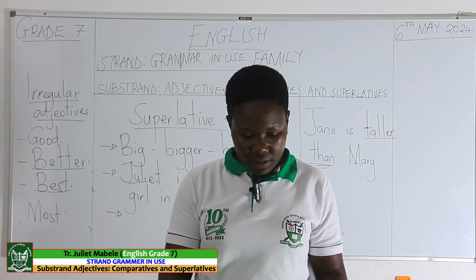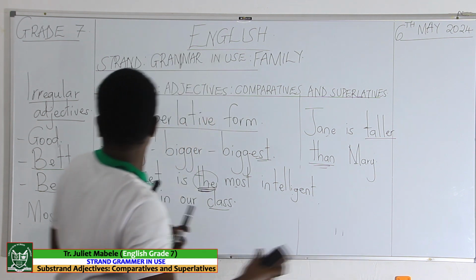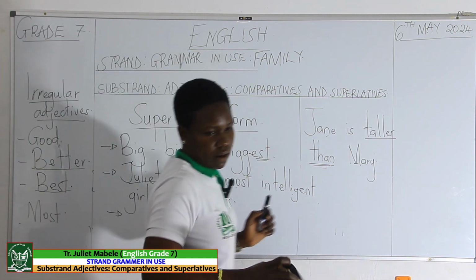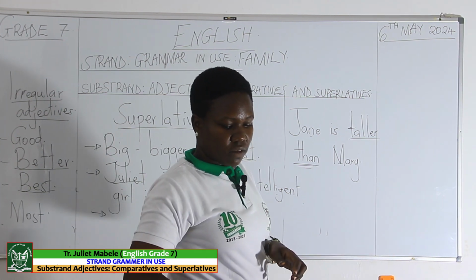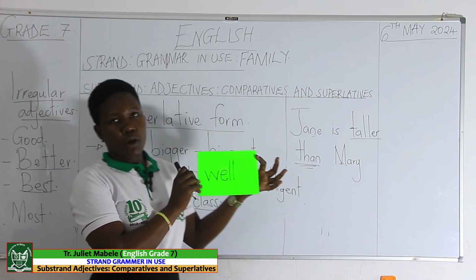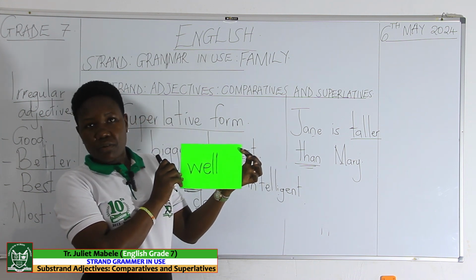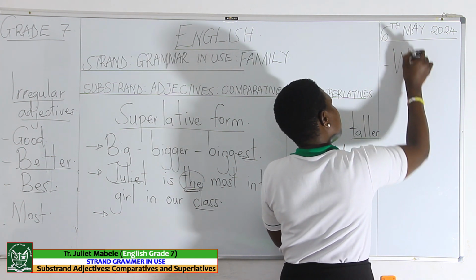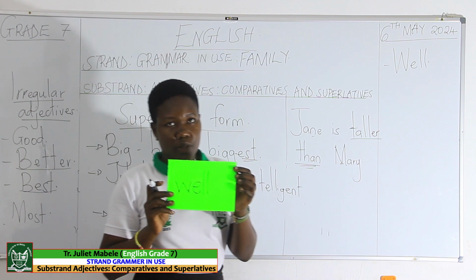Up to that point, I have some flashcards here. Let me write them here as I show you. We have this first one. I hope you can see it. You can read it with your friend. I'll write it down here. Well.